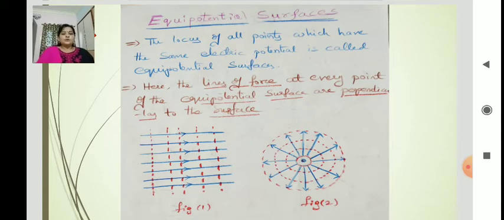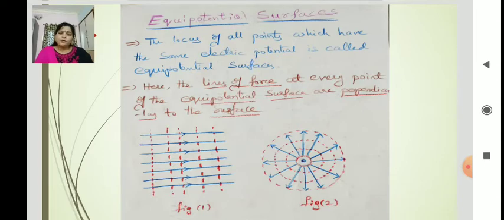And we can also say that the electric lines of force at every point of the equipotential surface are perpendicular to the surface. See here in the figure, the first figure is a uniform electric field. The electric lines are shown in blue with arrow marks.